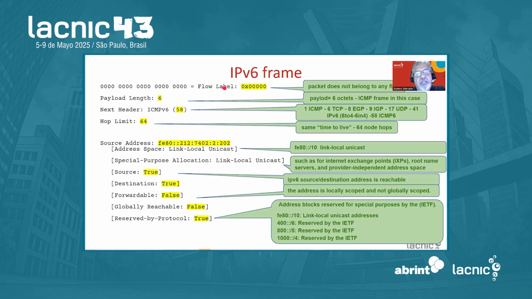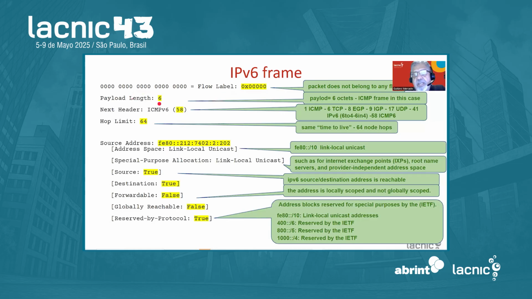So another one is the flow label. In this case, it's 0. It has no flow label. You know flow labels, right? It's a method to establish a path between source and destination going through the same nodes. As a result, you can achieve quality of service in IPv6.